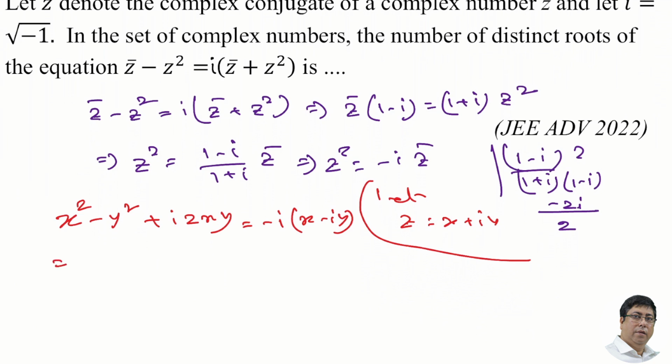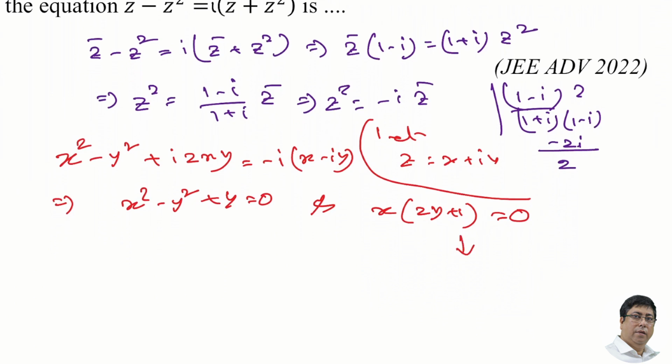Now if we equate the real part and imaginary part on both sides, we get x square minus y square plus y equals 0 and x into 2y plus 1 equals 0. So from this we get either x equals 0 or y equals minus half.